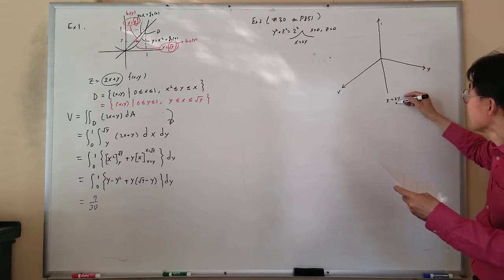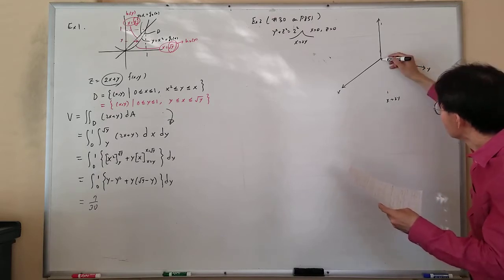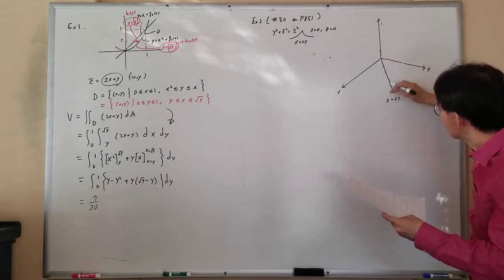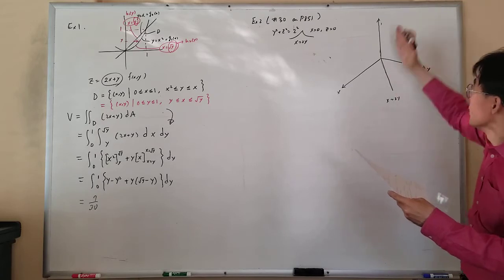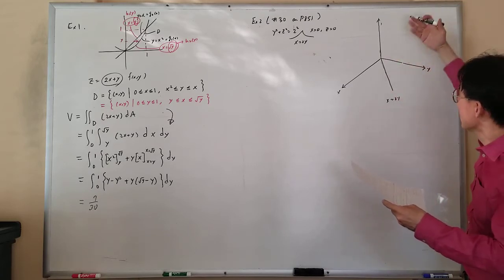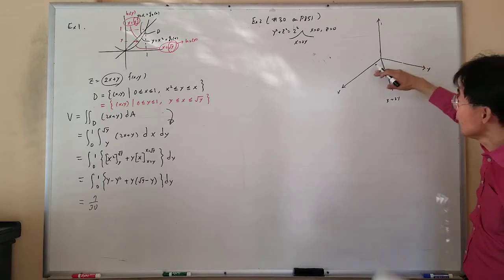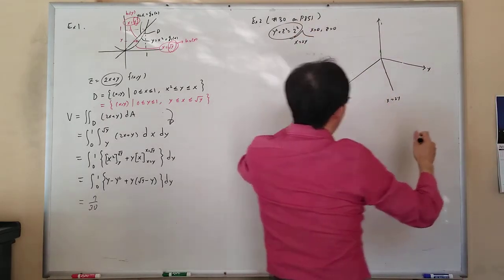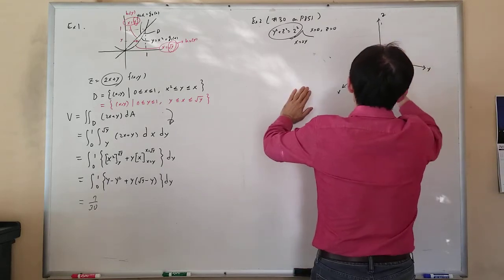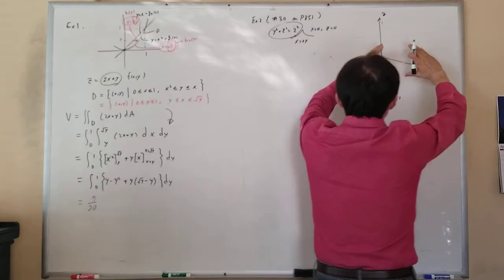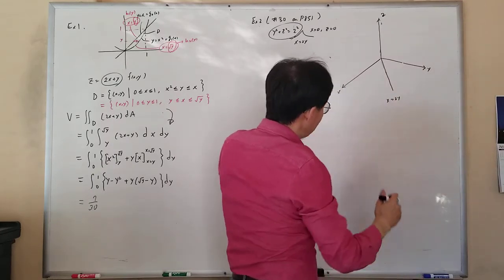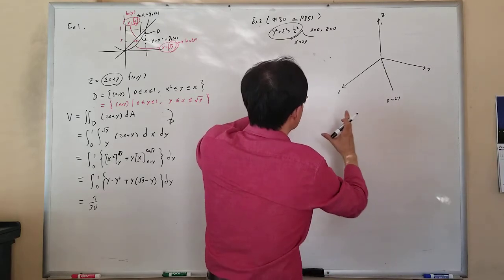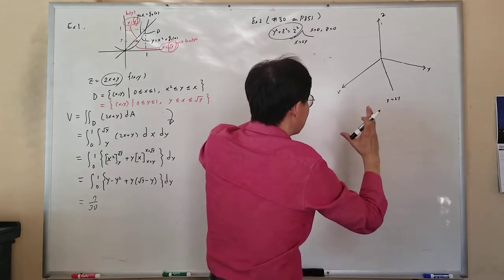Let's say this is x equals 2y. So this plane, and the bottom, and here. And then in the YZ plane, there is a circle, right? If you think about y and z and positive x, this is a circular cylinder, and x can be anything.